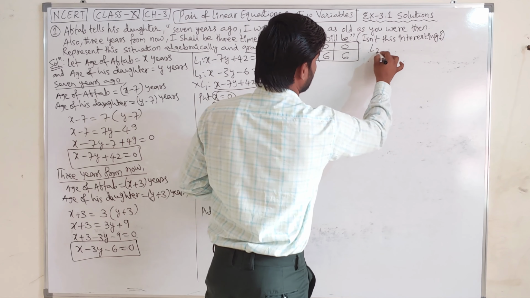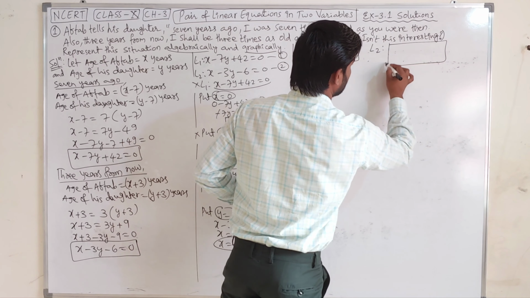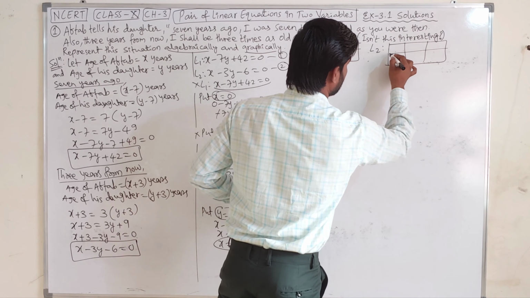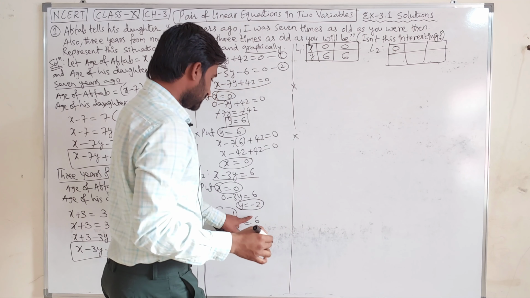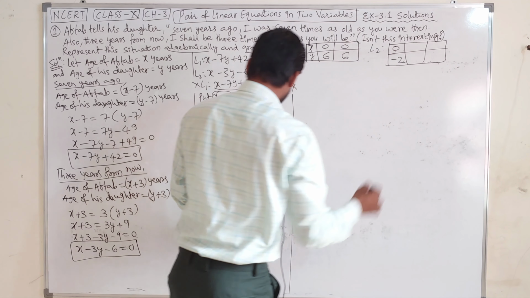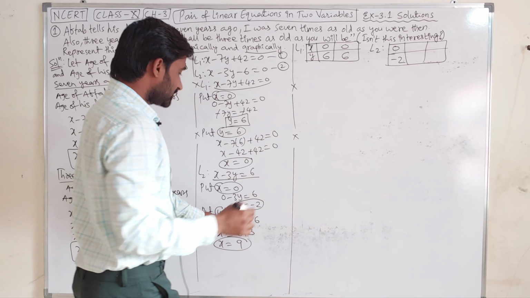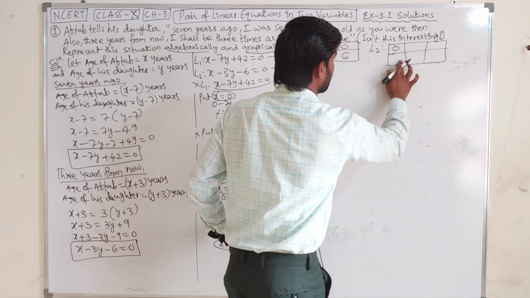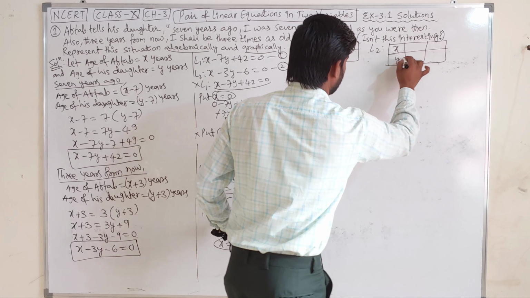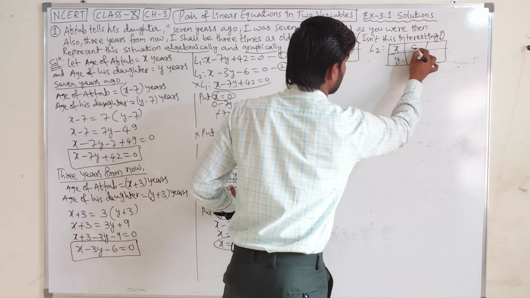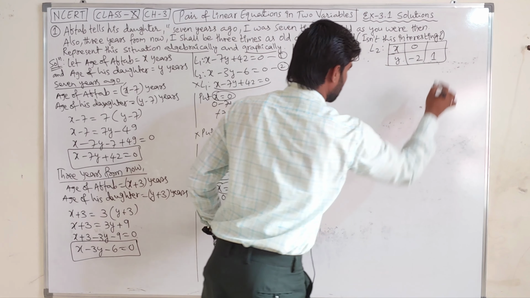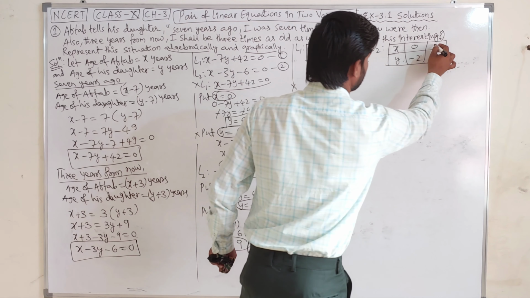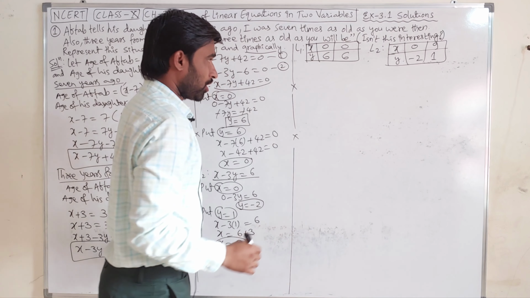Next, for line 2, when x is 0, y is minus 2. When y is 1, x is 9. So now these solutions we have to plot on the graph.